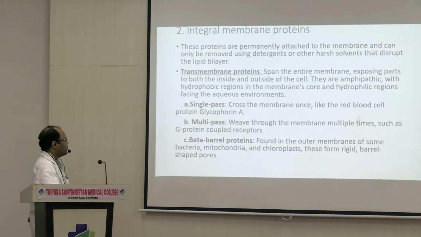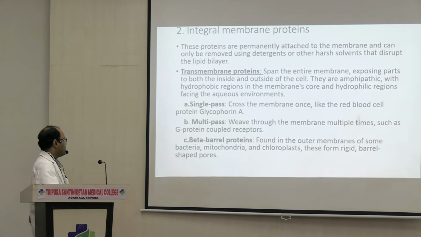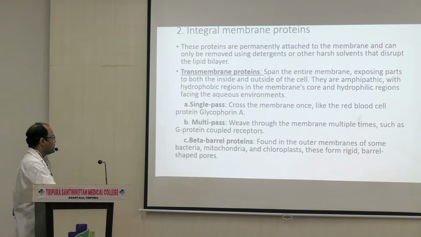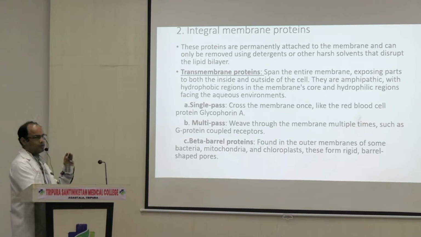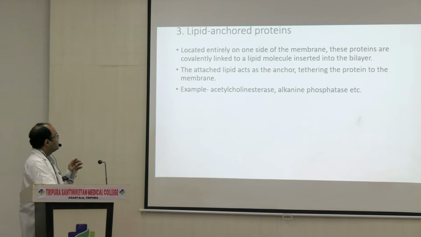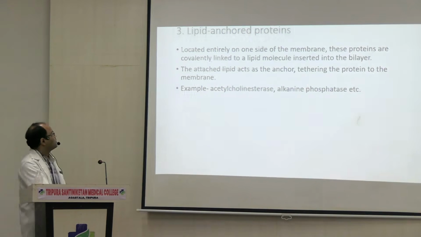Single pass example: glycophorin A. Multi-pass example: G protein coupled receptor. And beta barrel example: found in the outer membrane of some bacteria, mitochondria, and chloroplast. They form rigid barrel-shaped pores. And this is lipid anchor proteins. Example: acetylcholinesterase, alkaline phosphatase.